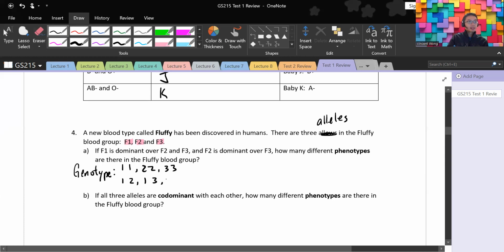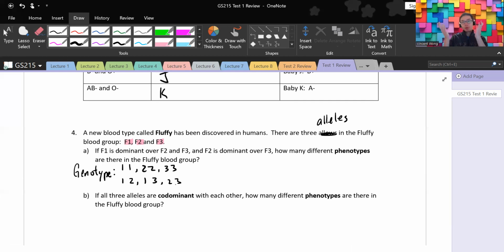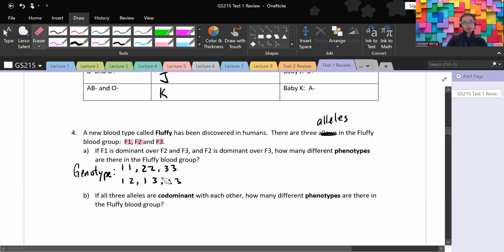Yeah, a 2, 3, right? That's all the possible combinations, because humans are diploid, we can only have 2 alleles at a time. Doesn't matter if there are like 4 or 5 alleles out there for a particular gene. We can only have 2 at maximum, right? So that's all the possible combinations.